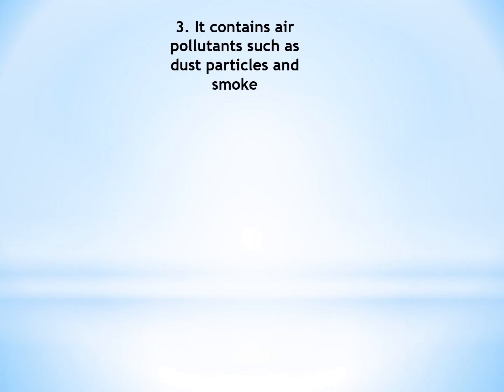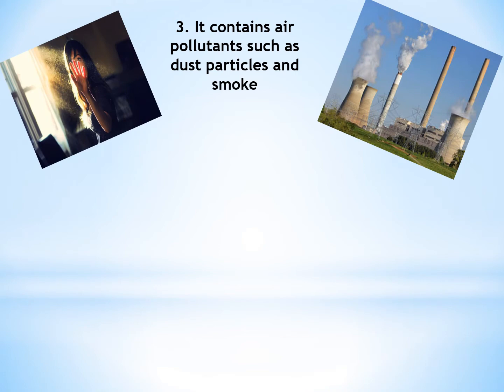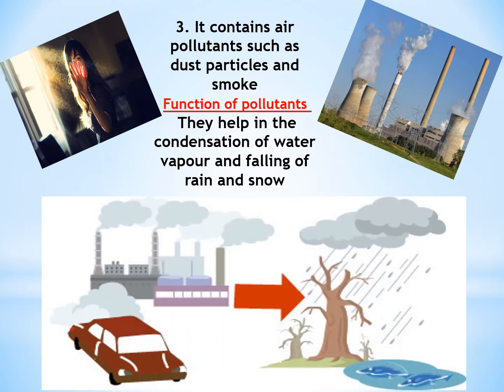Number 3, it contains air pollutants such as dust particles and smoke, and they have a very important function. These dust particles and smoke help in condensation of water vapor in air and falling of rain and snow.